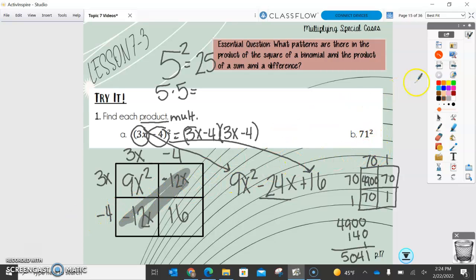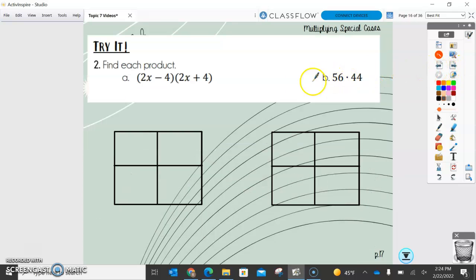Now, of course, we always have calculators that you could take 71 times 71, but we wanted to relate how you multiply or square numbers to squaring binomials. So in the try it, I'm just going to finish here. Now you can see we have 2x minus 4 at the top of my generic rectangle, and a 2x plus 4. Again, just use that rectangle.